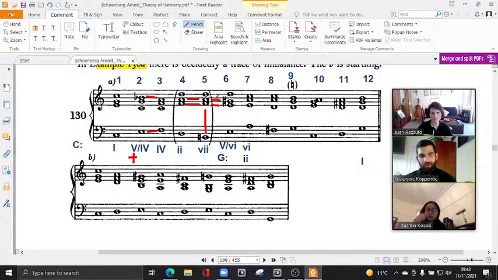The D, that D is nothing, just can be held. But the next D is a preparation. Yes, the seventh of the E chord, which is resolved a step down. And the leading note, of course, the G sharp, is resolved a step up. And that's the end of the story.